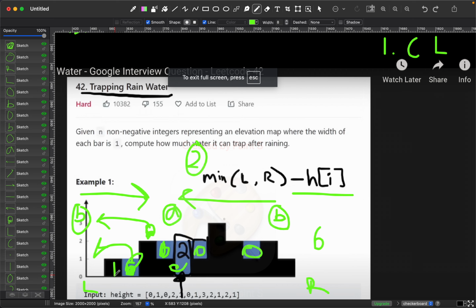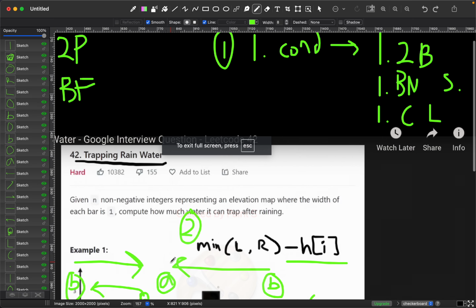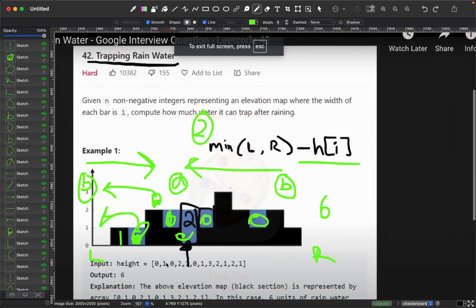So here is our conditional statement of bottleneck short length and the current length is 0. When the short length is taller than our current length, that means we can store water. That's why we have 1 unit over here, which is very good.